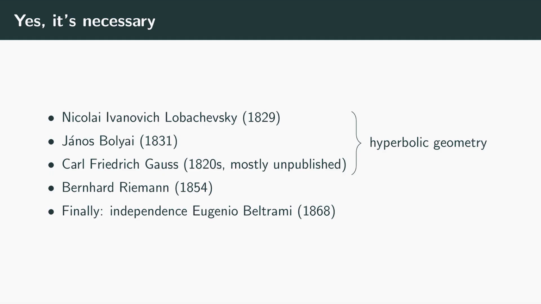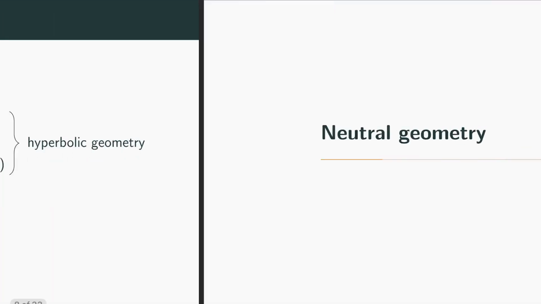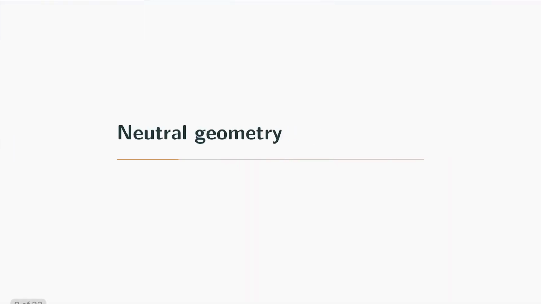Okay, so this answers the question, yes, the 5th postulate of Euclid is necessary in order to develop the theory of Euclidean geometry. Now, I had those bolded names, and I guess then Lobachevsky and Bolyai.